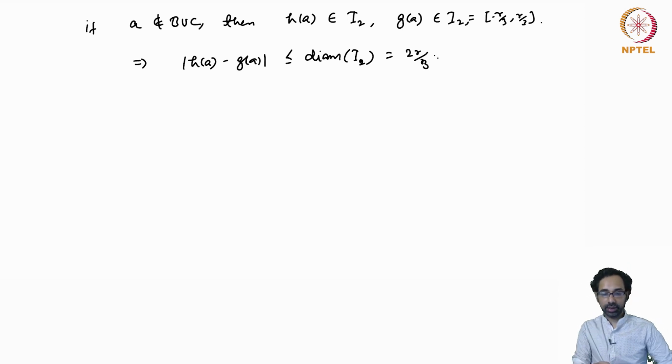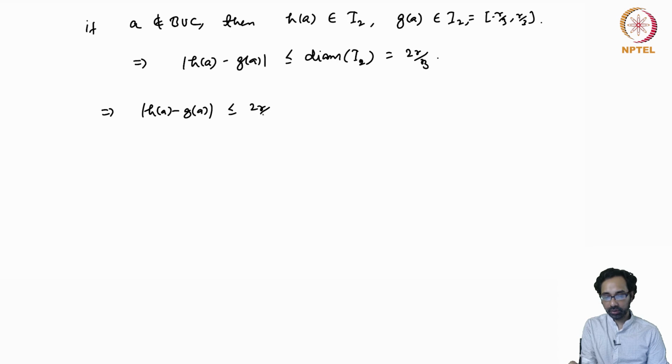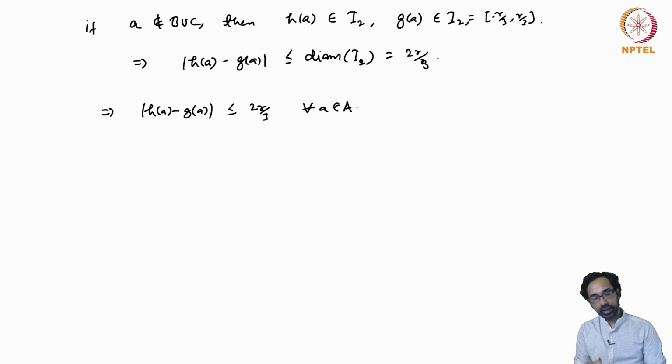So we see that the modulus of h(a) minus g(a) is bounded above by 2r by 3 for all a in A. And we are going to now use this small lemma repeatedly.